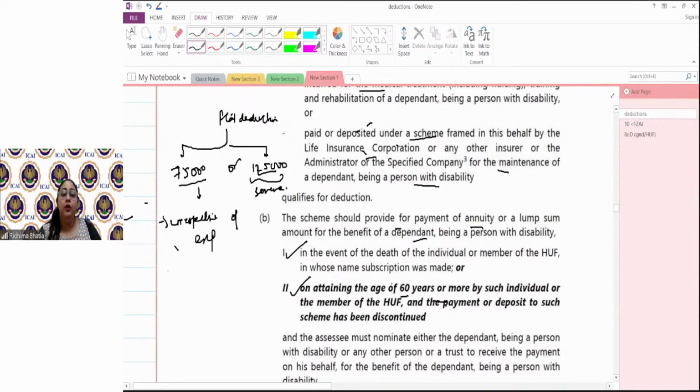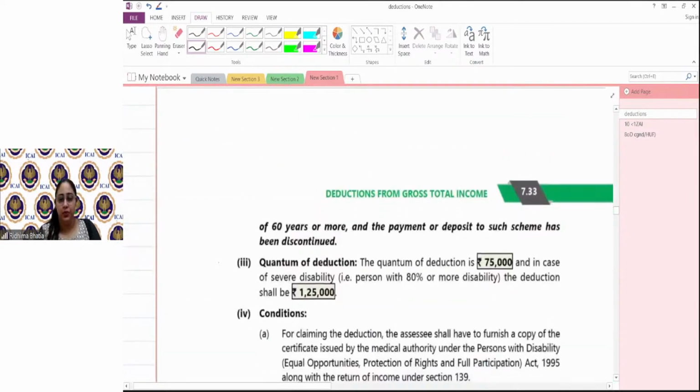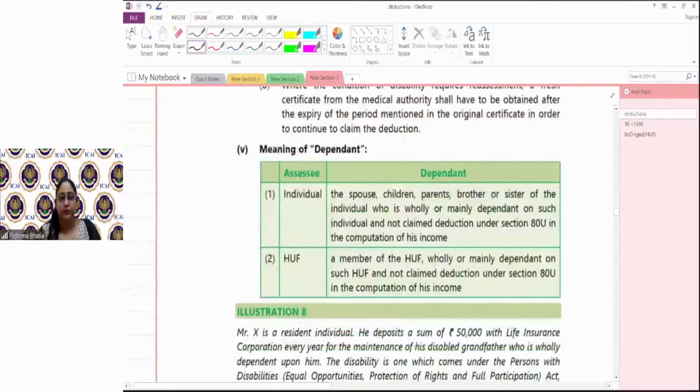Number two, the question is, ma'am, please bata do, who is the dependent disabled we are talking about? So dependent disabled means, from the assessee's point of view, if the assessee is an individual, obviously I'm saying again and again, not the assessee himself who is dependent or disabled. The other person is the dependent disabled.